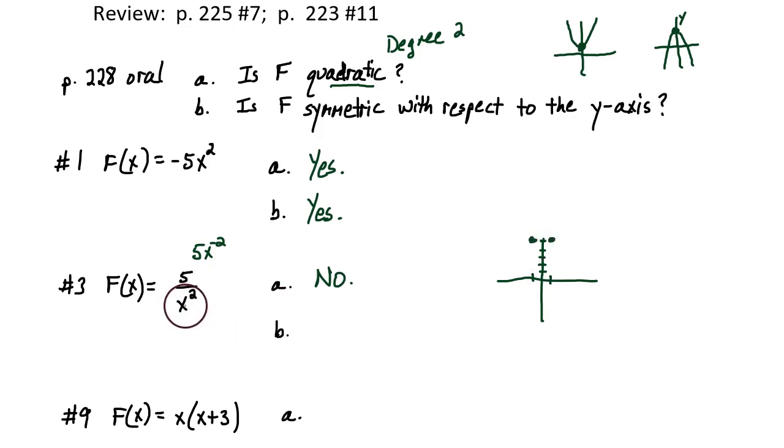If x was 2, this would become 5 divided by 4, which is 5/4 or 1 1/4. So when x is 2, there's a dot at 1 1/4. Similarly, when x is -2, there would be a dot at 1 1/4. With these two dots, I predict that the graph would look like this.